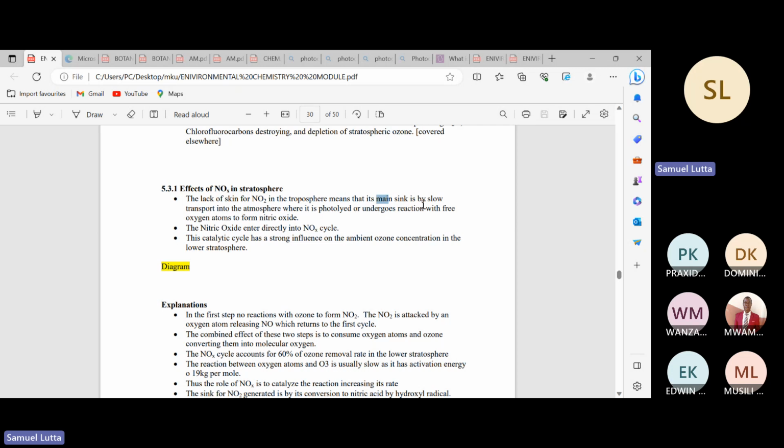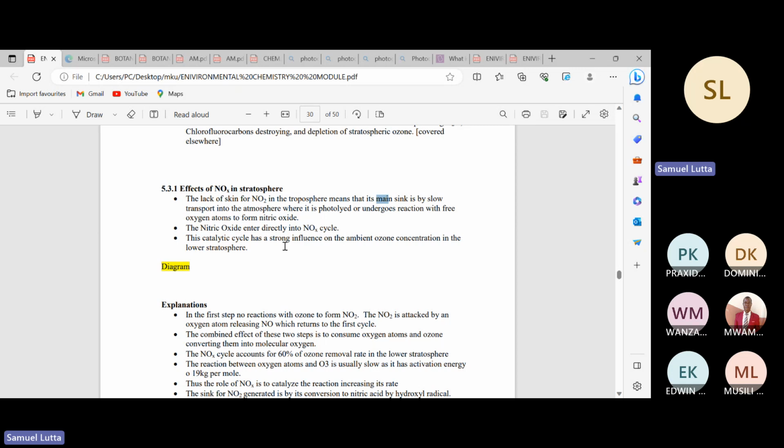And I think we saw the photochemical reaction where we generate OH that reacts with this NO2 to form NO. I think we saw the cycle. So how does it enter into the atmosphere? It enters by NO, which is formed by incomplete combustion, into the cycle.